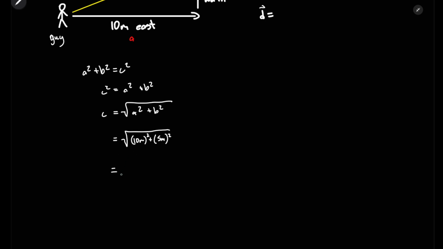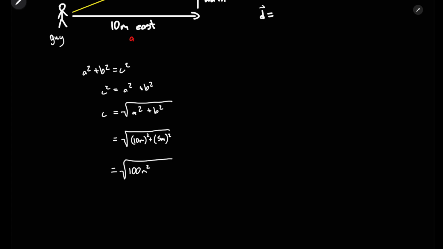Let's square these right here. And again, I am including my units just so my equation makes sense. So 10 meters squared in brackets, emphasis on the brackets, is going to be 100 meters squared. I'm going to square the meters as well because I am squaring the meters.